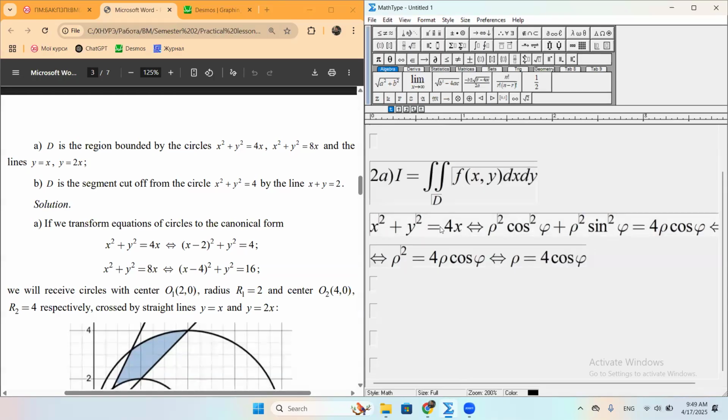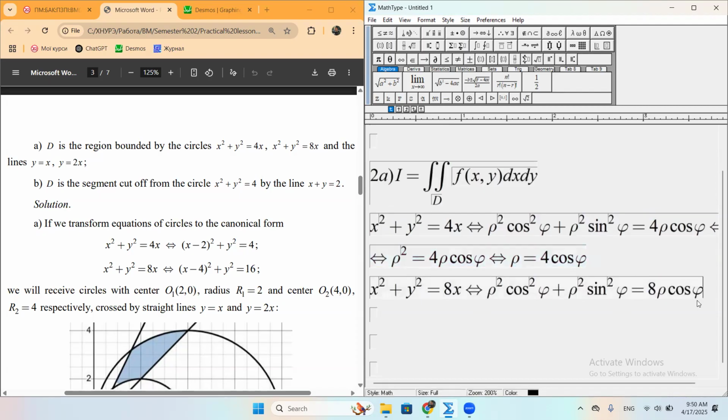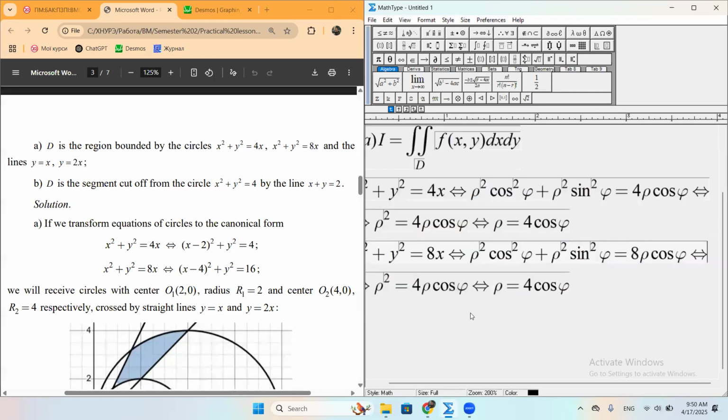Now let's do the analogical stuff for the greater circle, 8x. Here let's be attentive and don't forget to change everything: 8 here and 8 here.